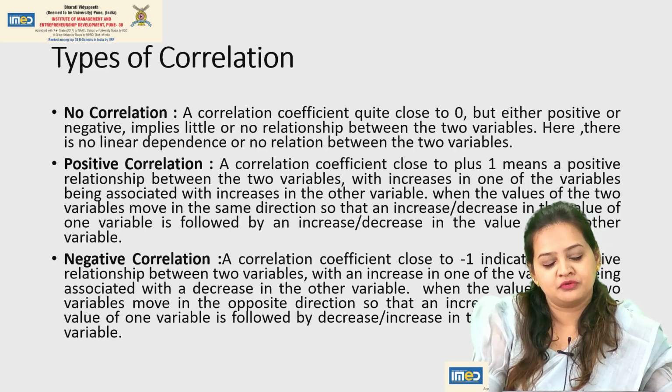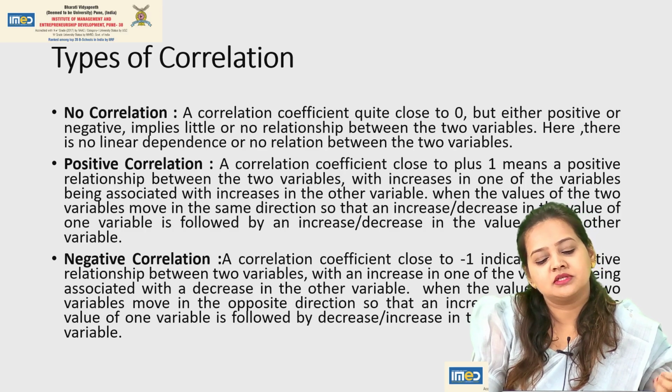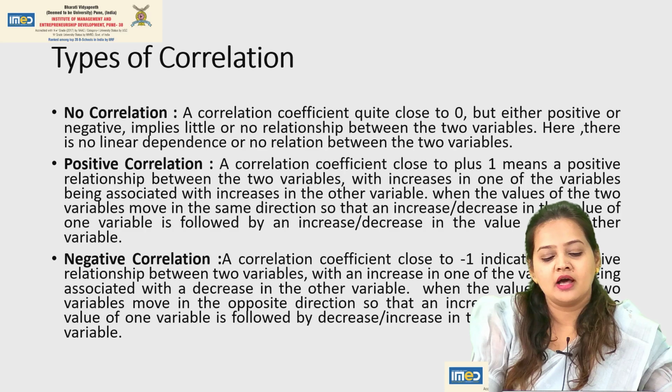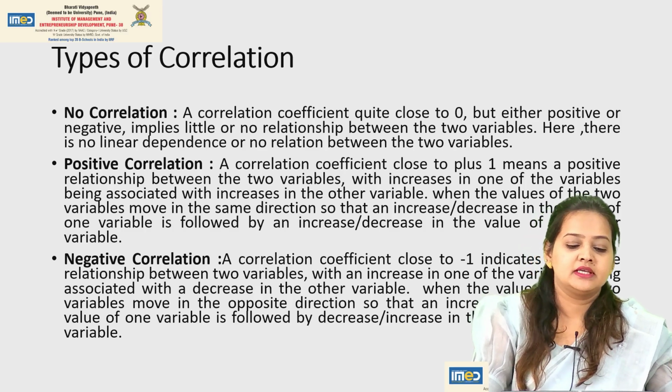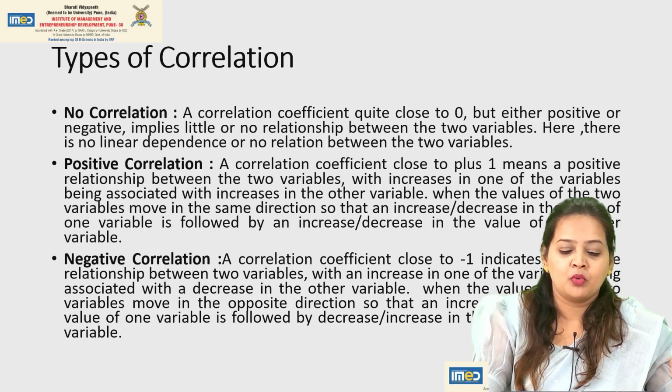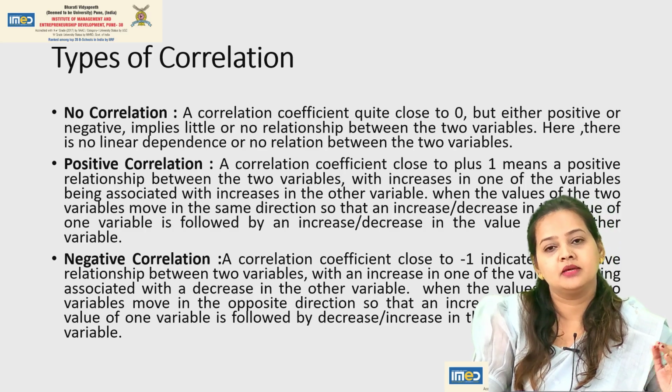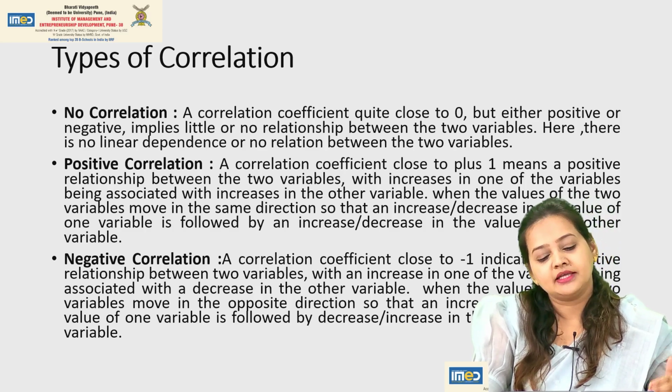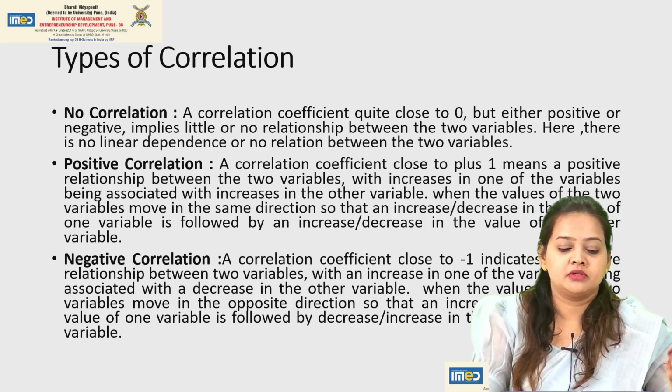Next is the positive correlation. In positive correlation, r will be equal to 1, which is a positive value. Both the variables x and y move in the same direction. Either they will be increasing or they will be decreasing.